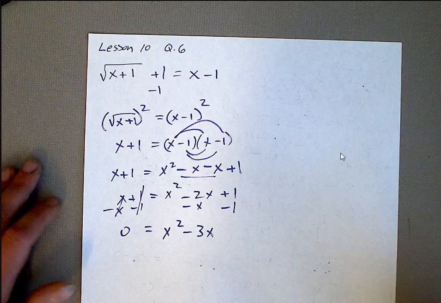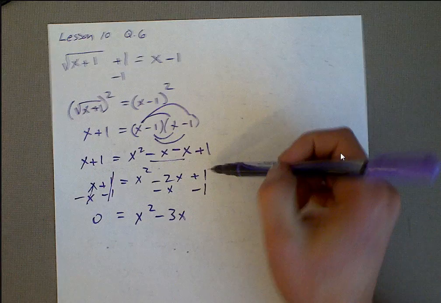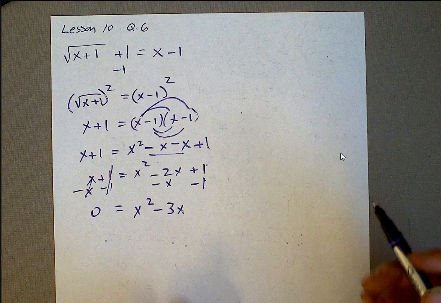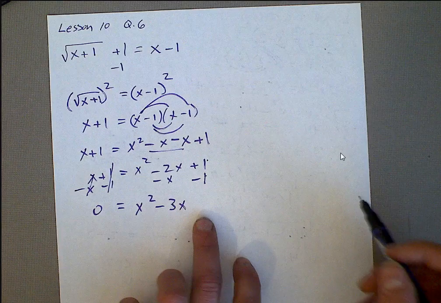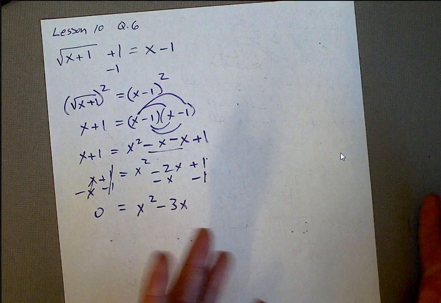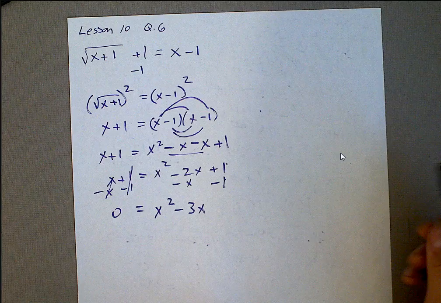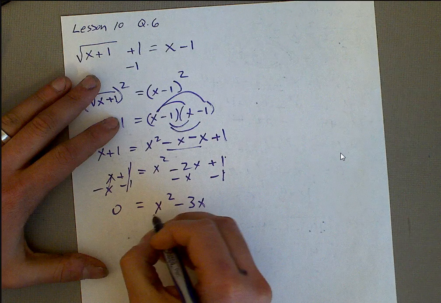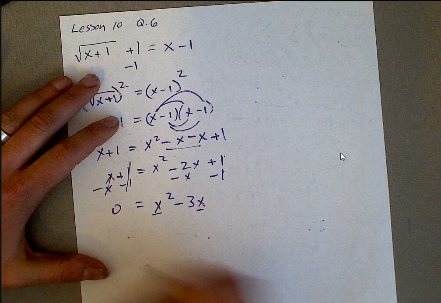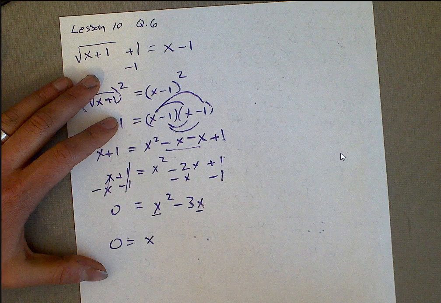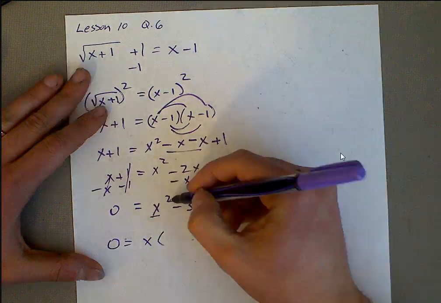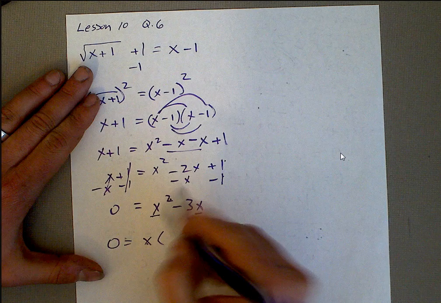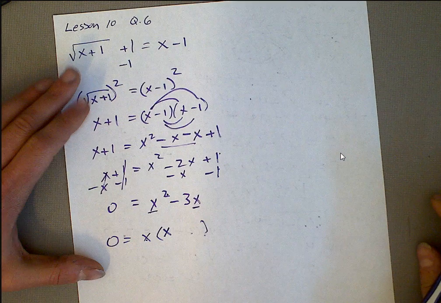And then the weird part I mentioned earlier might come in where you have 1 minus 1, that's 0. So that means that constant term goes away, or it's just 0. But you could still factor it, because if you have the x in both terms, remember we can factor out the x. So if you have x squared and you factor out an x, you have just x left.